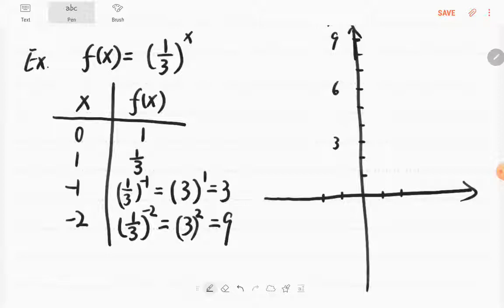Okay, so the 0, 1 point is here. This is the 0, 1 point. 1 and 1/3 is here. This is 1, so this is 1/3. And we have negative 1, 3 here. We have negative 2, 9 here.